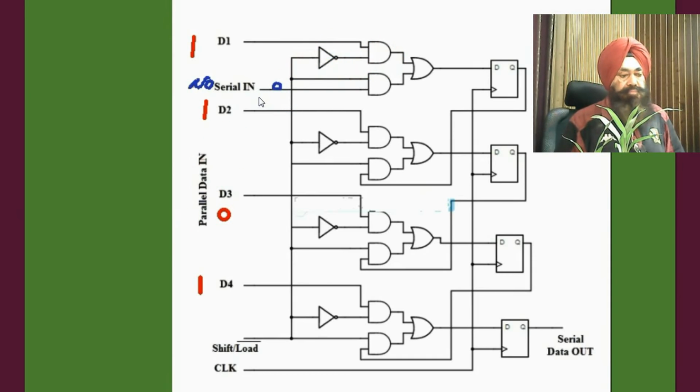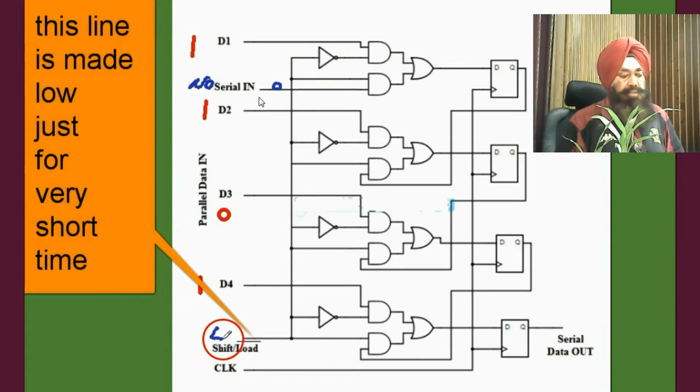So it is 0 here. And because this line is at low, because of the NOT gate it becomes 1.